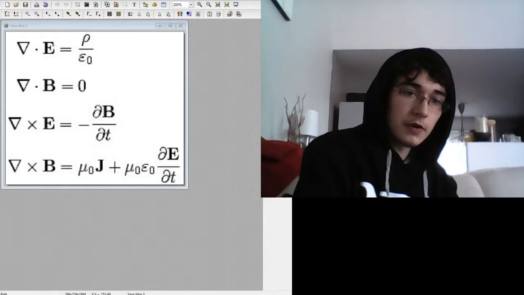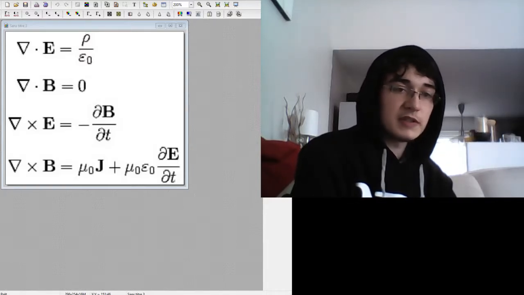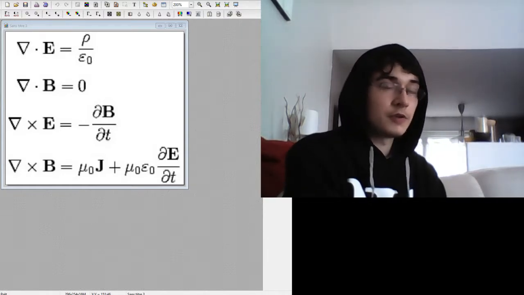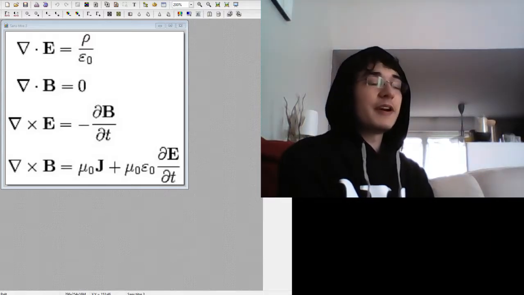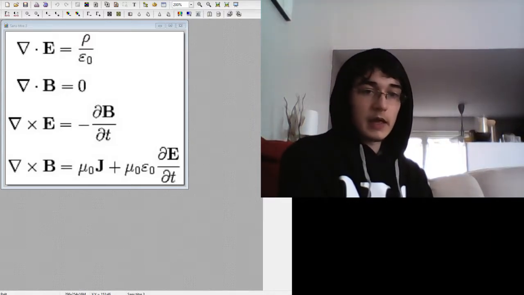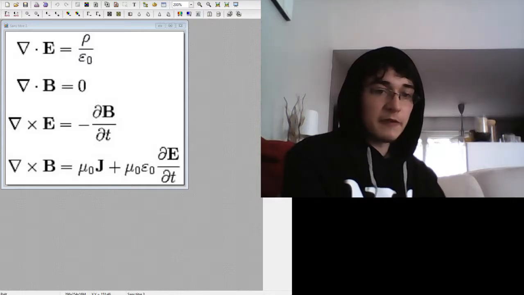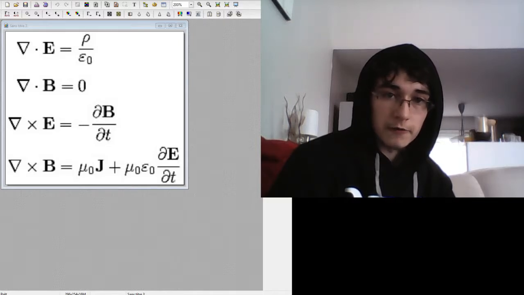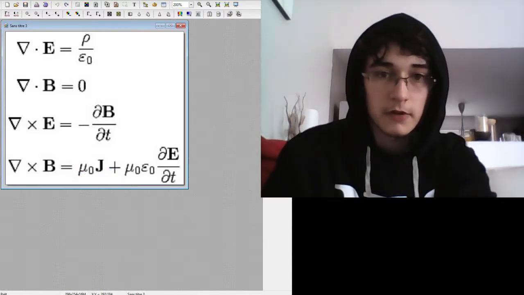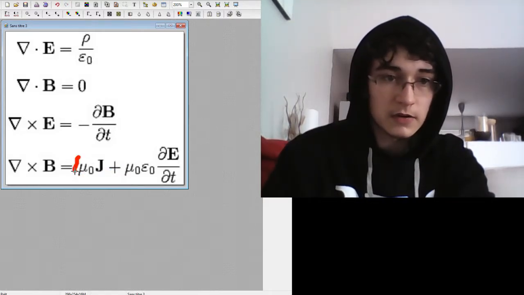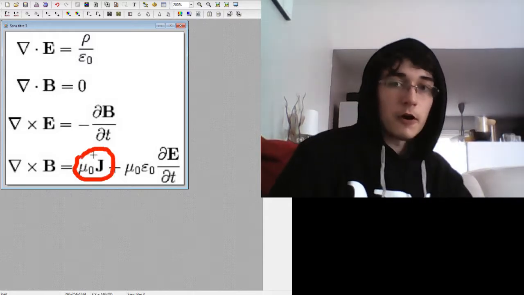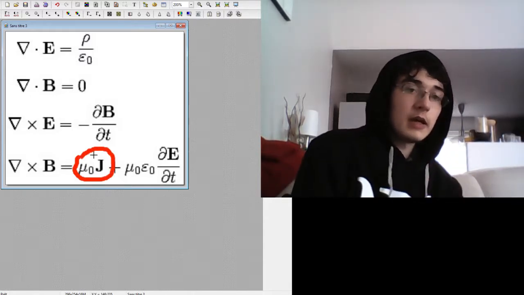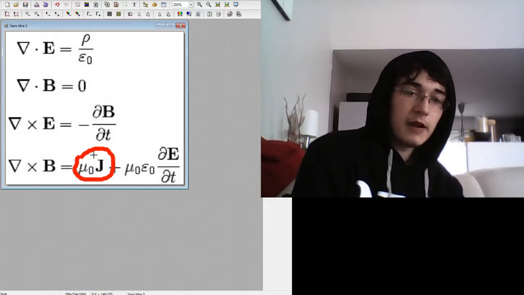The third one tells us that electricity can be generated by a non-static, varying magnetic field B, and that the magnetic field is caused by a current, so on the fourth one, either this term here stands for current, so if you put electricity, it will basically create a magnetic field.